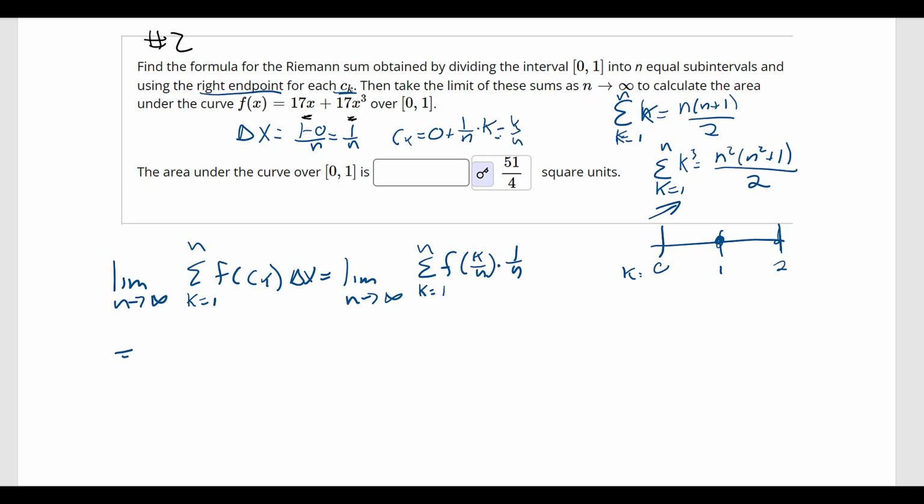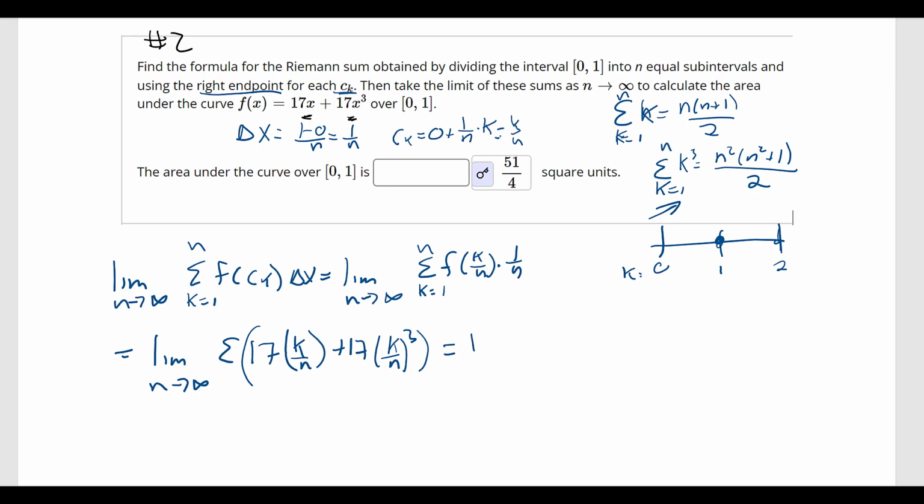So we end up with the limit as n goes to infinity of the sum. Now this k over n is going to replace the x in this 17x plus 17x cubed. So it's going to be 17 times k over n plus 17 times k over n cubed.